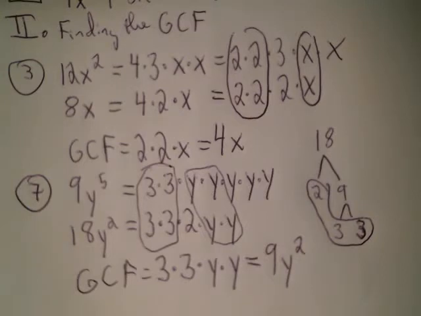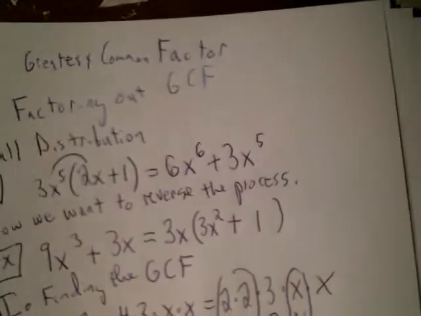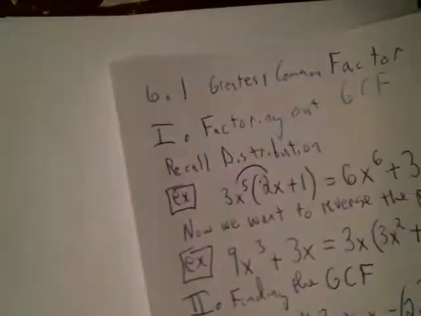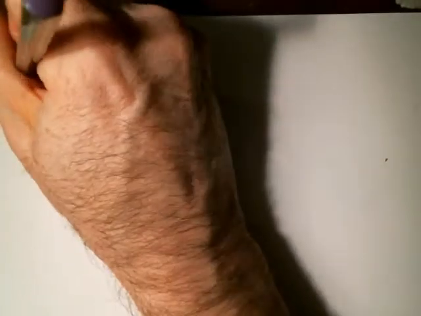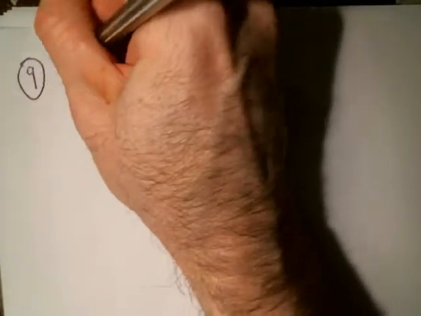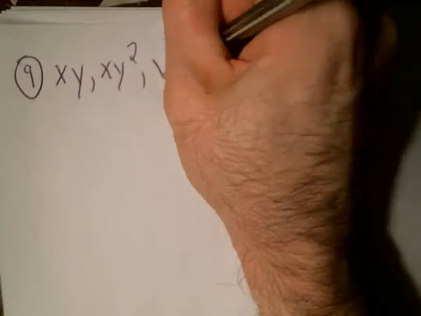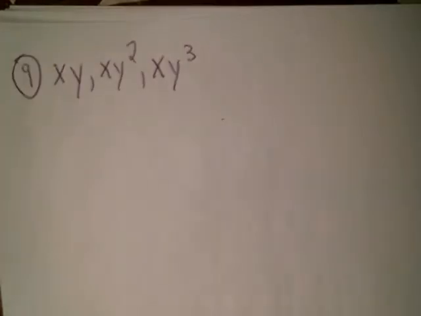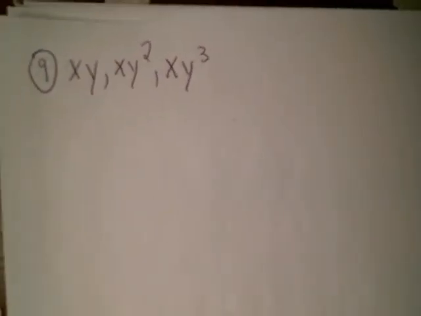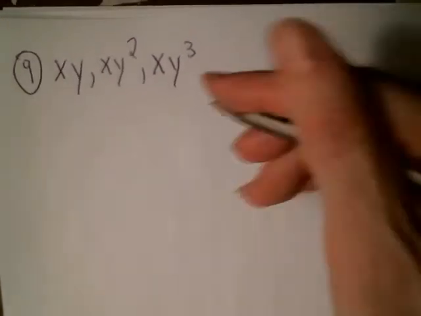Okay, let's look at one that has now 3 terms, and we need to find the GCF of all 3. So it's problem 9. And in particular, then we have xy squared, and then xy cubed. So we have multiple variables this time.